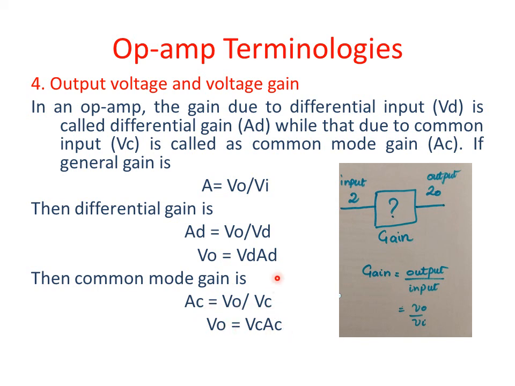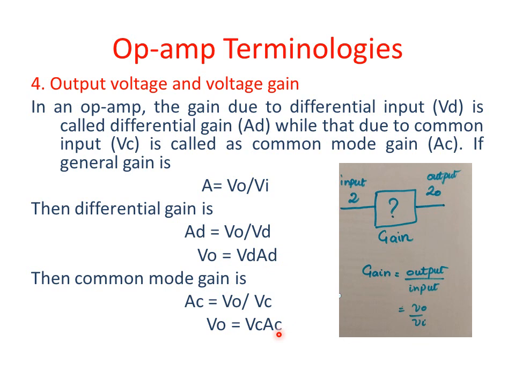Now please note that I have obtained this expression of V0 for the op-amp when the input is differential and when the input is common. Please note that the operational amplifier has the capability to give us this output and it also has the capability to give us this output. So the total output signal for any op-amp will be the sum of this V0 and this V0, because the operational amplifier has the ability to not only process the differential signal but it also has the capability to process the common signal.